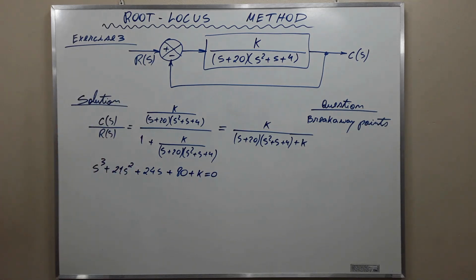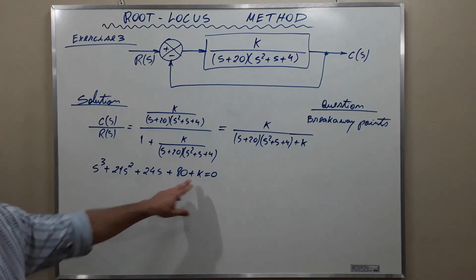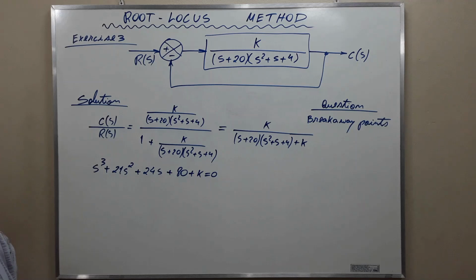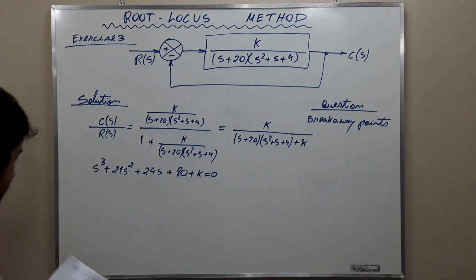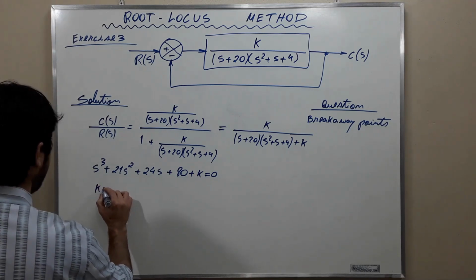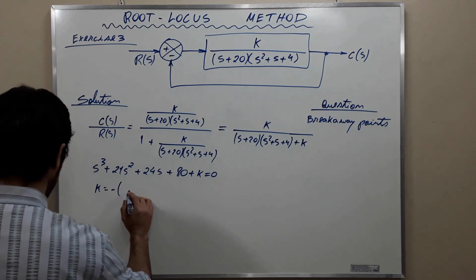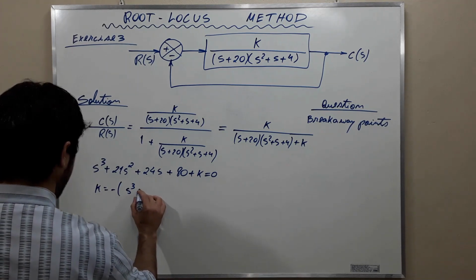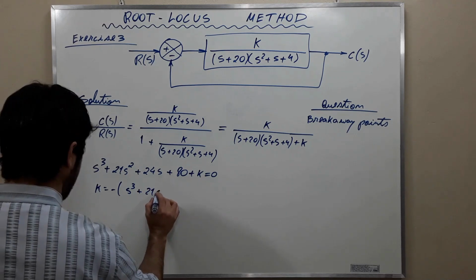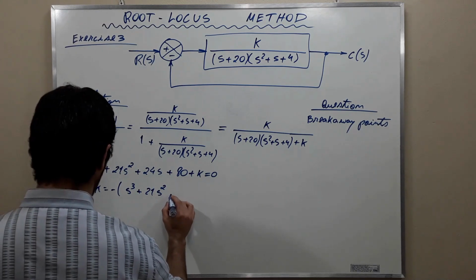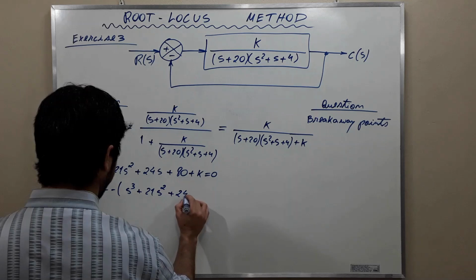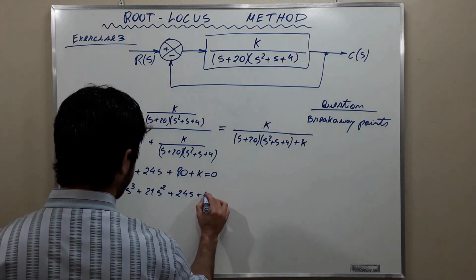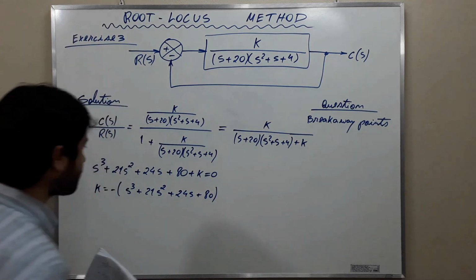To find the breakaway points, we need to write K in terms of S. Like this, K is then equal to minus S cubed plus 21S squared plus 24S plus 80.